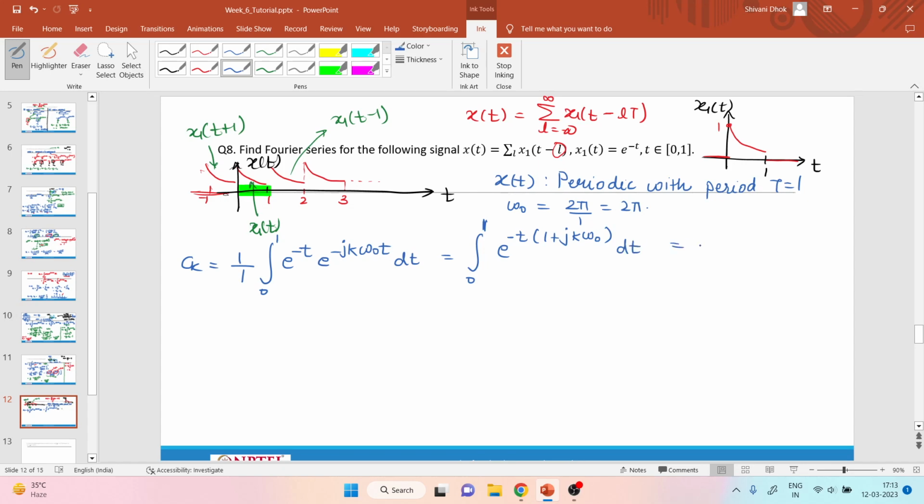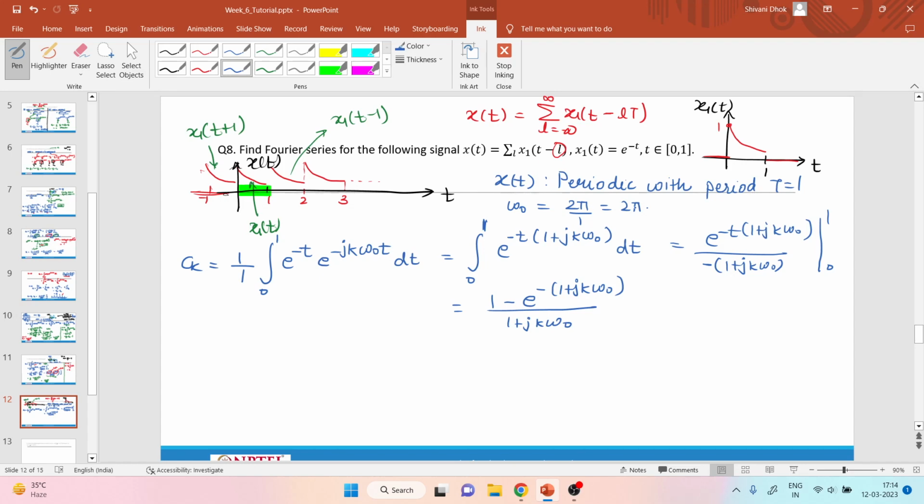Now this I can write as e^(-t(1 + jkω₀)) upon -(1 + jkω₀), and this is running from 0 to 1. Now after substituting it, this comes out to be (1 - e^(-(1 + jkω₀))) divided by (1 + jkω₀).